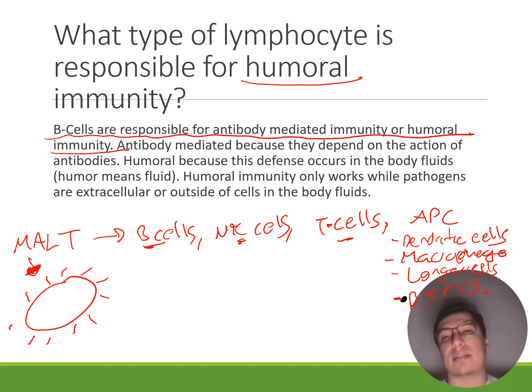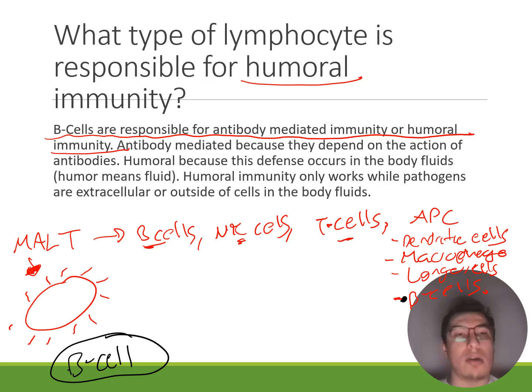The B cells that were activated, some of them will commit to memory cells. So those memory B cells will stay around in circulation. If there is an antigen that it recognizes, this cell will then go on to show it to the T cell.